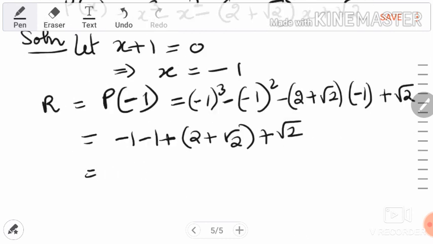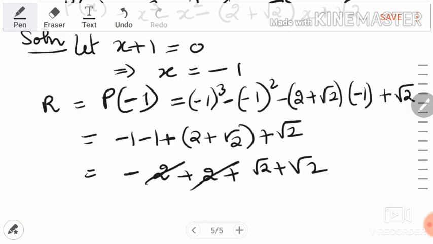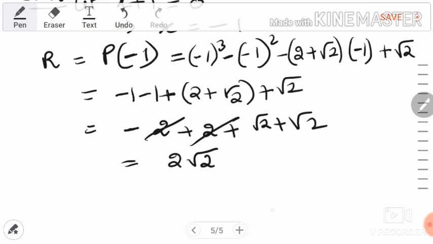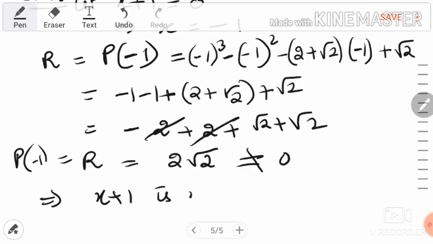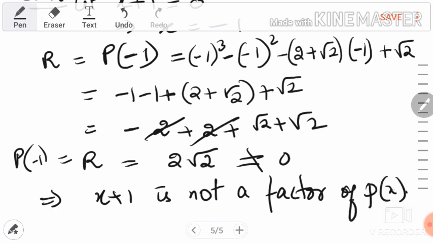So this is equal to minus 2 plus 2 plus root 2 plus root 2. So 2 minus 2 cancels, you are left with 2 root 2. So the remainder is 2 root 2, which is not equal to 0. So this implies x plus 1 is not a factor of the given polynomial.